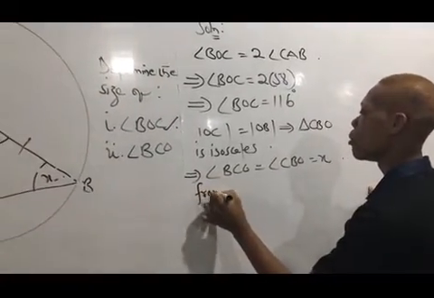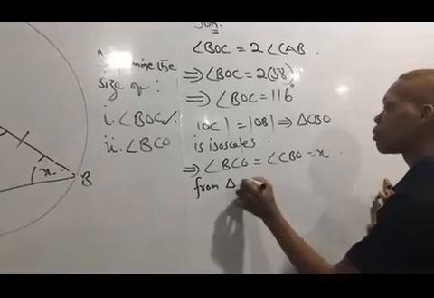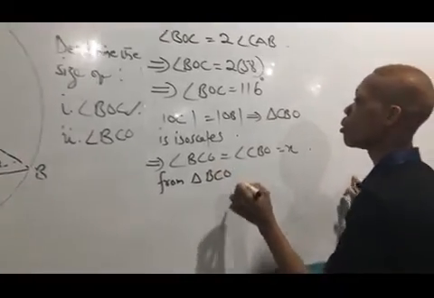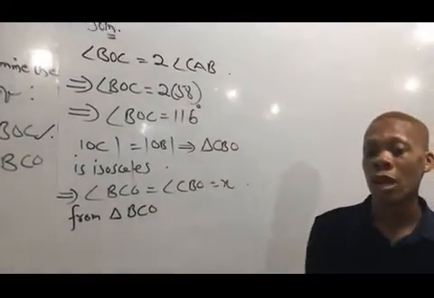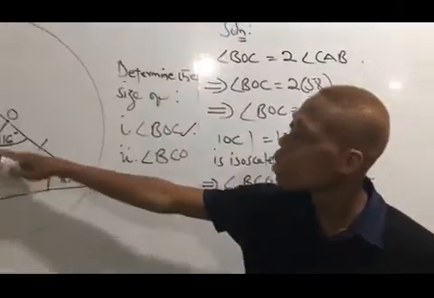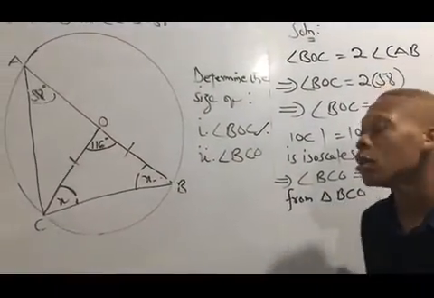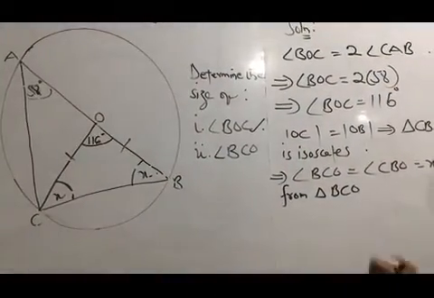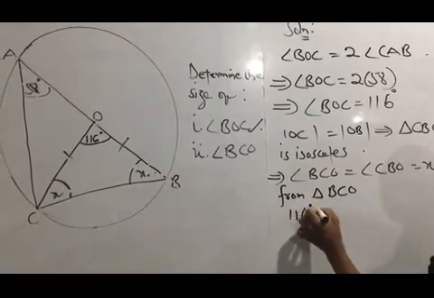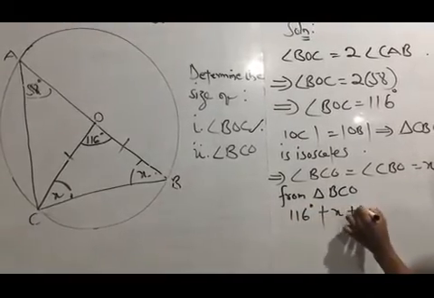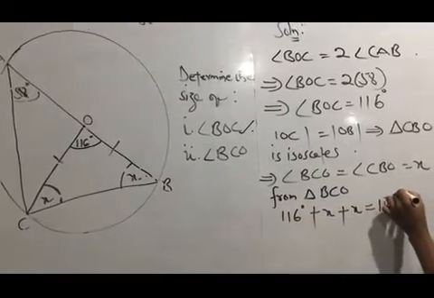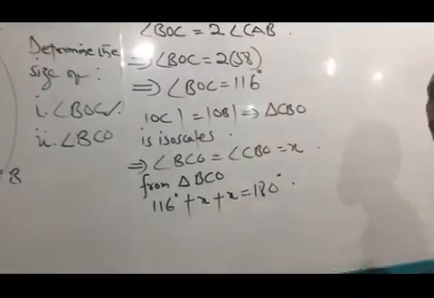From triangle BCO, now I want to sum the angles in the triangle to get my answer. So from triangle BCO, 116 degrees plus X plus X is equal to 180 degrees.